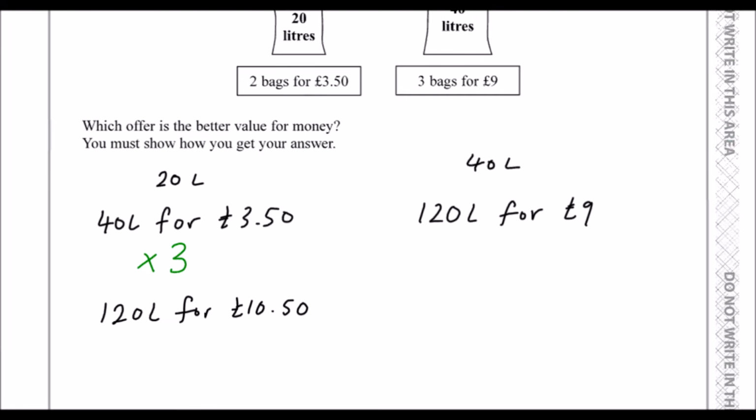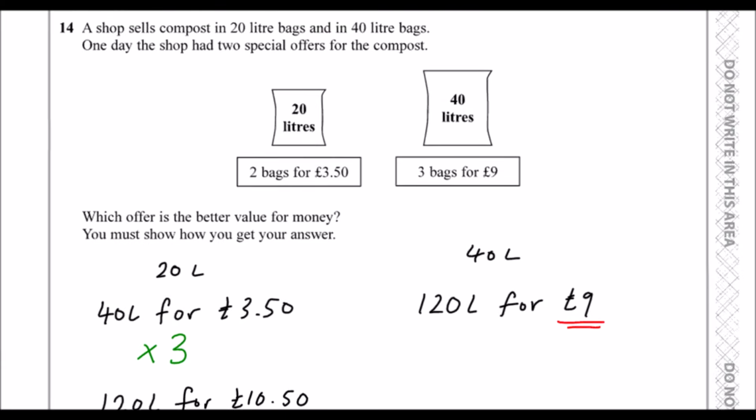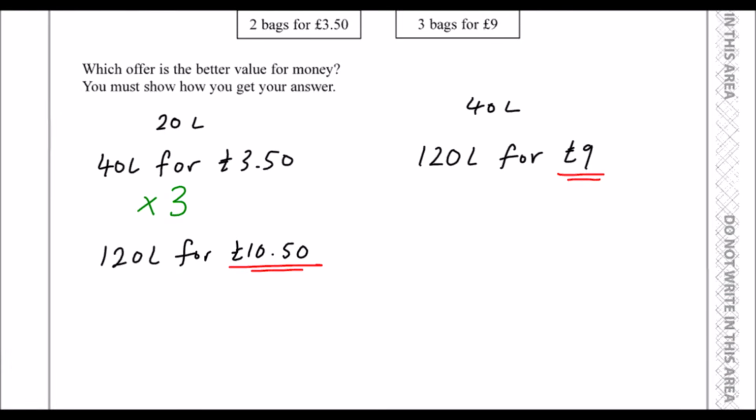So which is better value for money? We can get 120 litres for £10.50, or 120 litres for £9. So the 40-litre bags are better value for money.